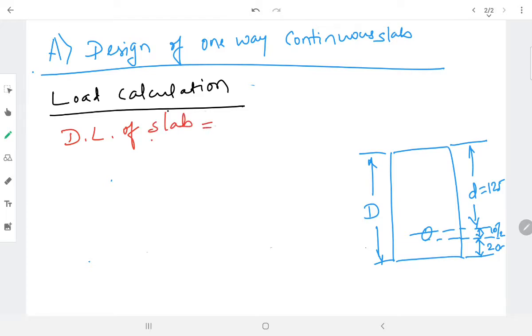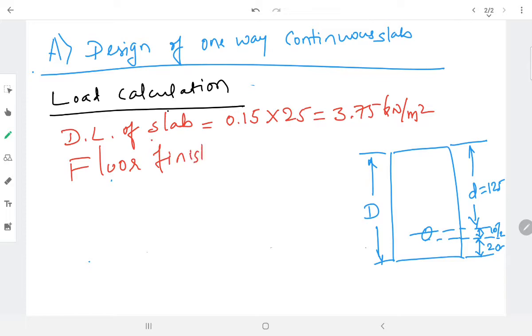Dead load of slab: what is the overall depth? It is 150, so 0.15 into density of the concrete, which will be 3.75 kilonewton per meter square. Next, floor finish. You can take floor finish as 0.5 kilonewton per meter square. So total load will be 4.25 kilonewton per meter square.